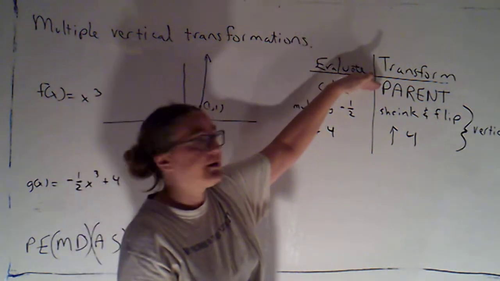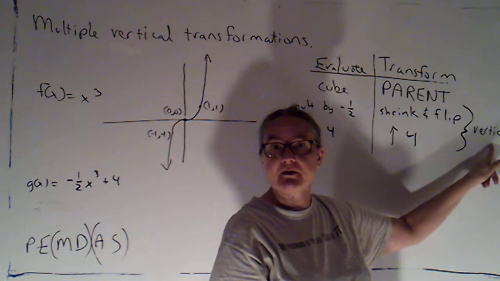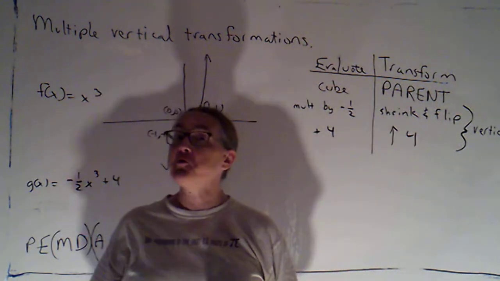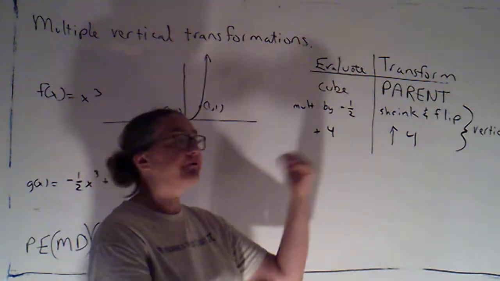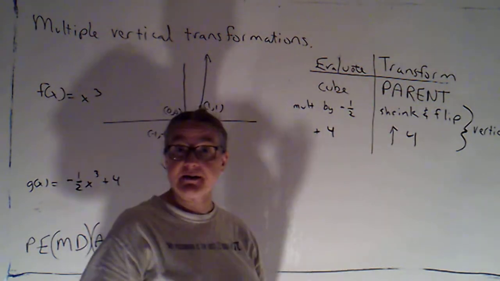Cubing, that's the parent function, so everything I do after that is going to affect the graph vertically. Multiplying by -1/2 actually does 2 things. It shrinks it by a factor of 1/2 and flips the graph vertically. Now, if you want to do that as 2 separate steps, you can.